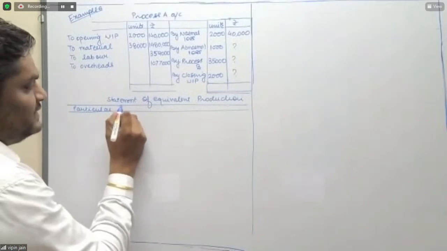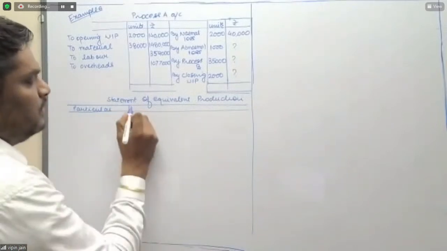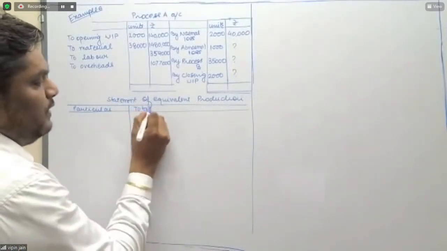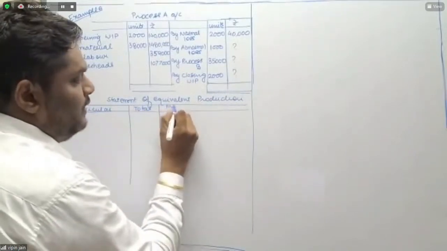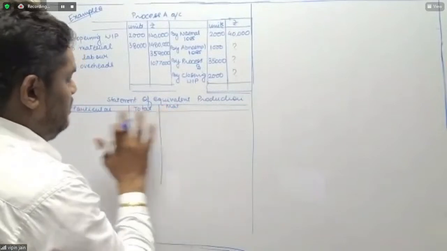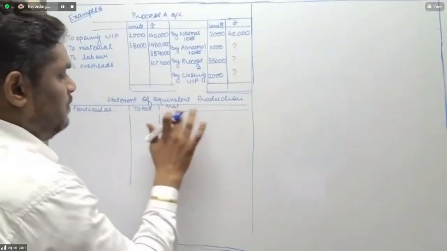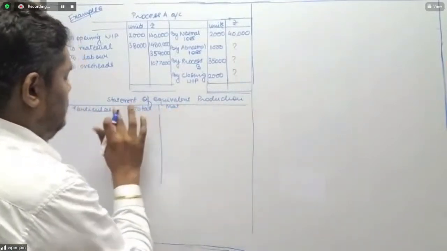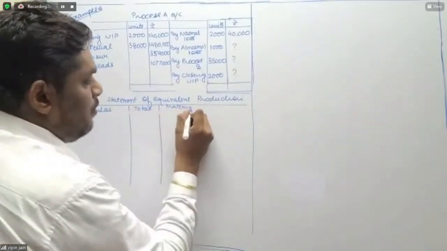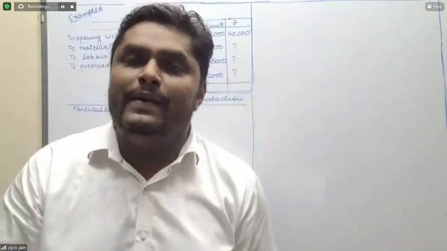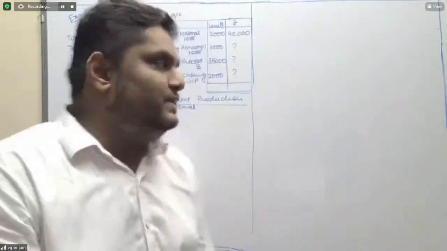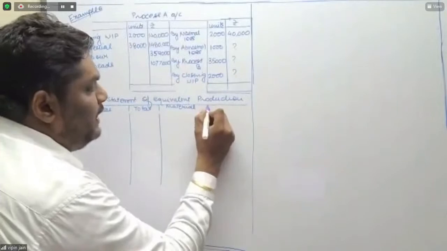The first column is the same, that is particulars. Thereafter total. Thereafter material. Since the percentage of completion of labor and overheads are same in all the cases, only one column will be prepared for labor and overheads.